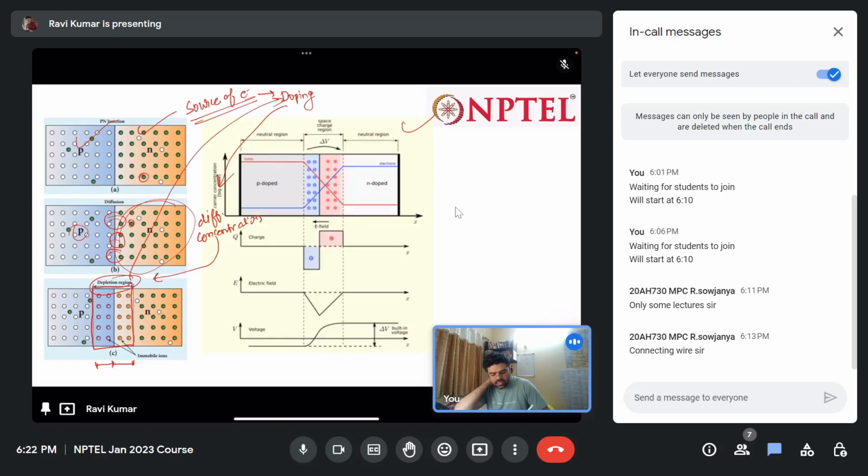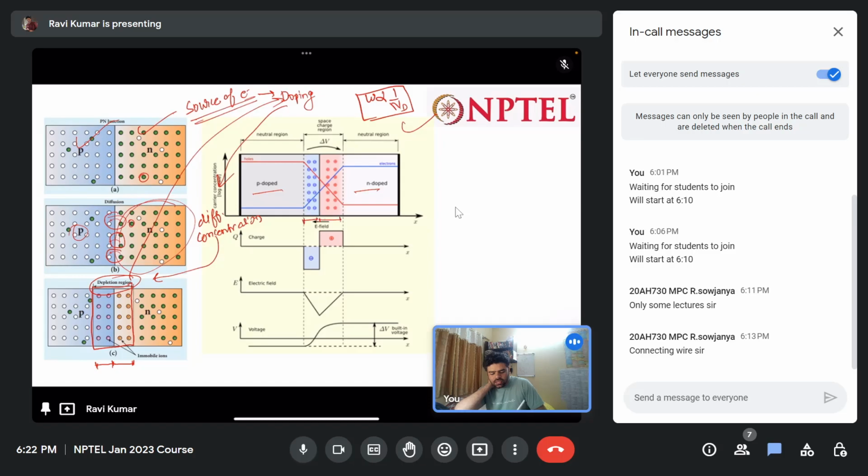So this is the same image. We can say this is P type, N type, and actually the width is inversely proportional to the doping. We have a formula, I'll show you in the next slide as well. Here you can see the width here is less as compared to this one.